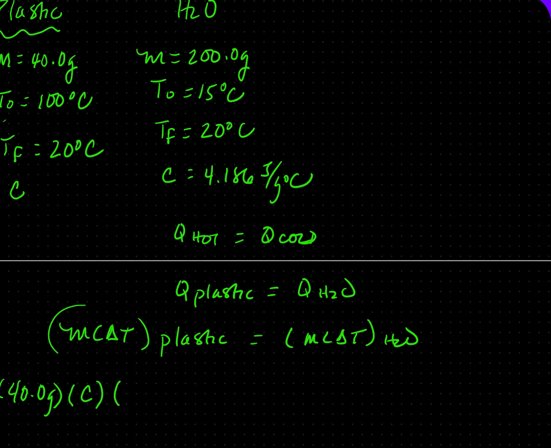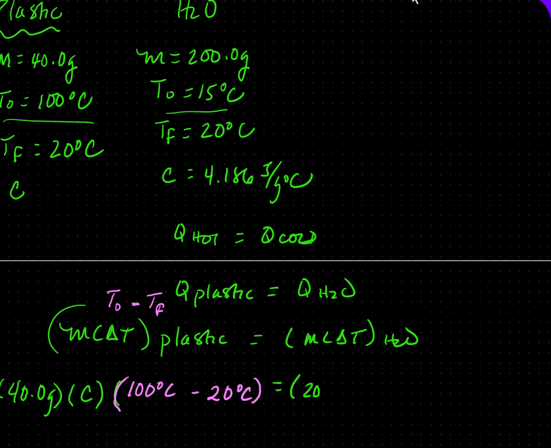Since the plastic has a higher initial temperature, we know delta T has to be switched to account for the sign. So T initial minus T final. T initial is 100 degrees Celsius. My T final we know is 20 degrees Celsius. This is equal to the cold.